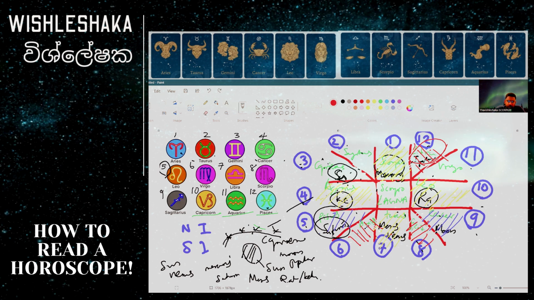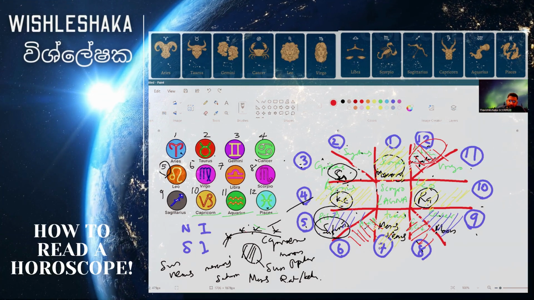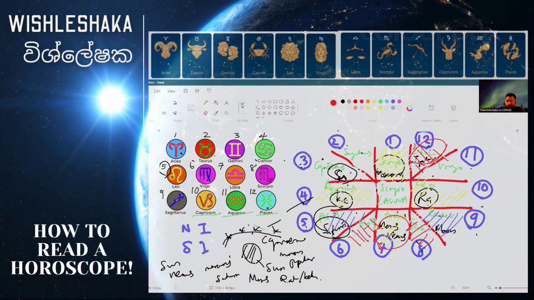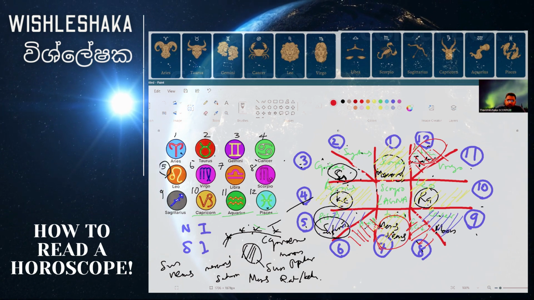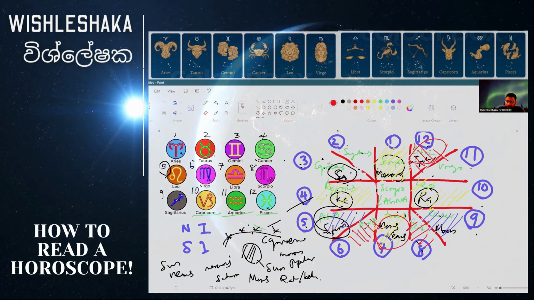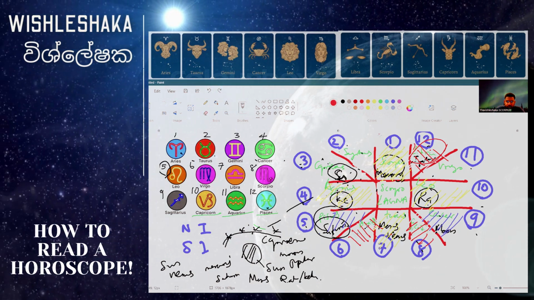And if you have the 7th lord in debility, your marriage life will suffer. So these are some things. Let me explain to you which house represents what things.